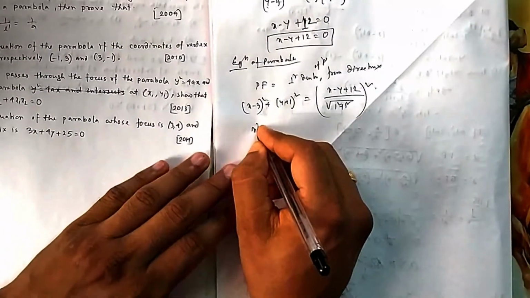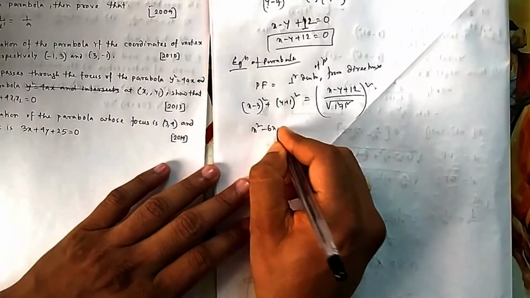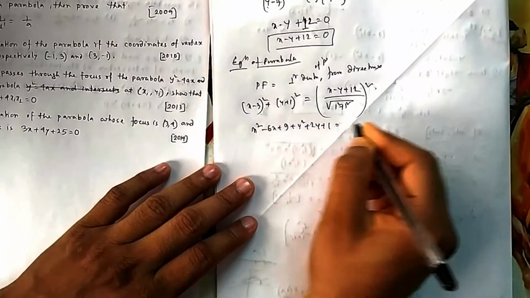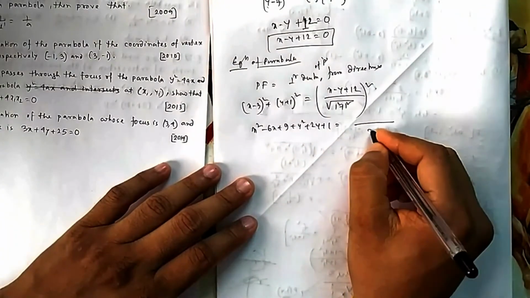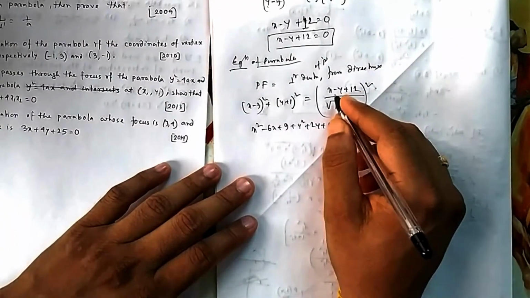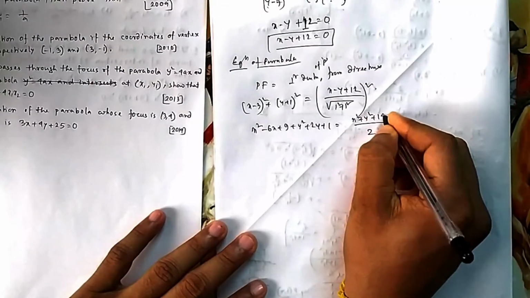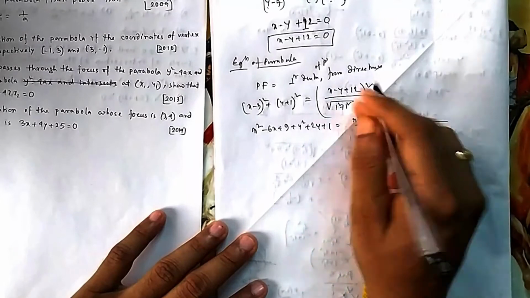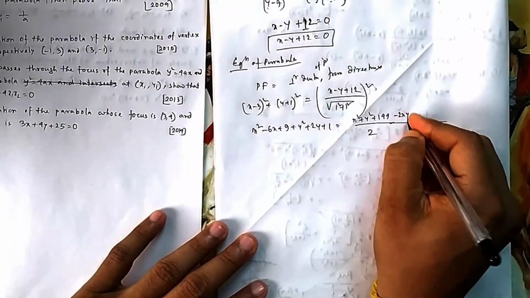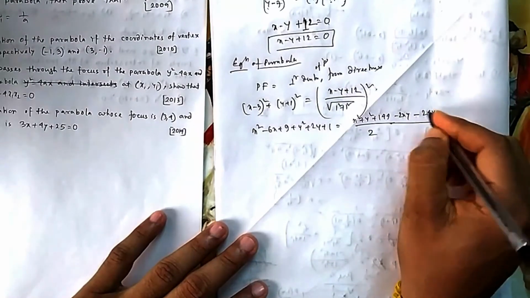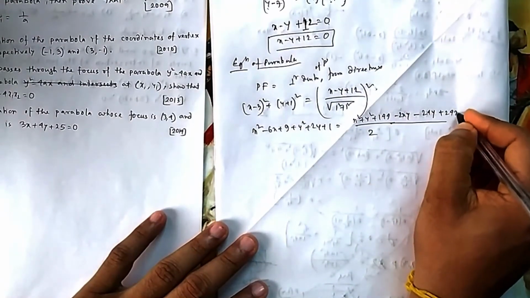So it will open as x square minus 6x plus 9 plus y square plus 2y plus 1, and the lower portion will be 2, because it is the square of (a plus b plus c), so a square plus b square plus c square, plus 2ab, so it will be minus 2xy, then 2bc, minus 24y, then plus 24x.